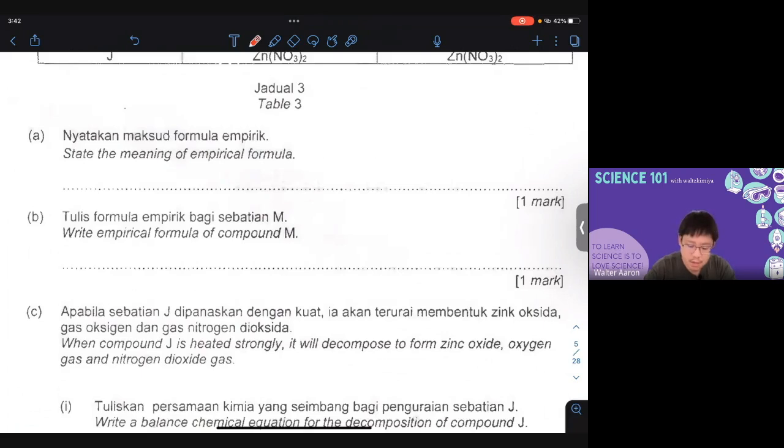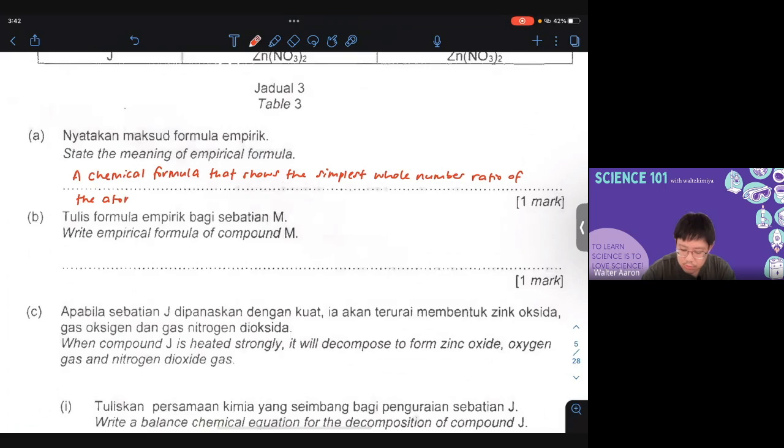So you put here a chemical formula that shows the simplest whole number ratio of the atoms of each element in a compound.